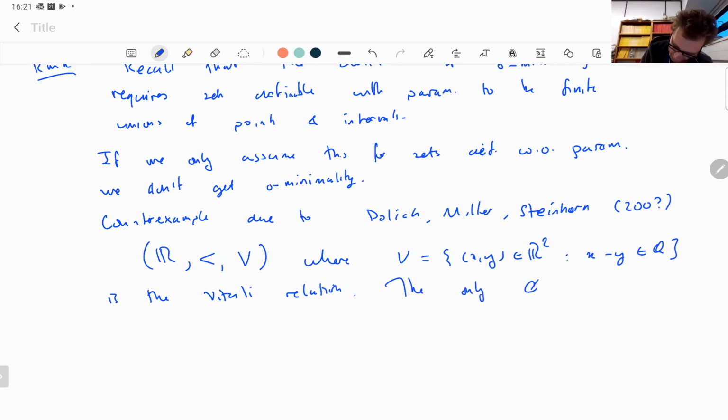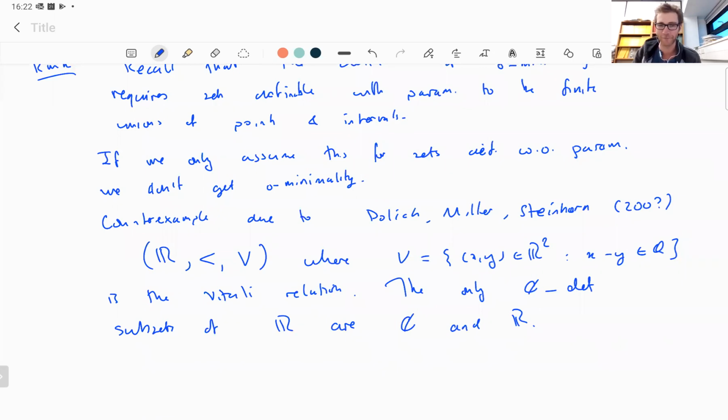So the only empty-set-definable subsets of R are the empty set and R. So it would fit the definition of being empty-set O-minimal, because these are finite unions of points and intervals.